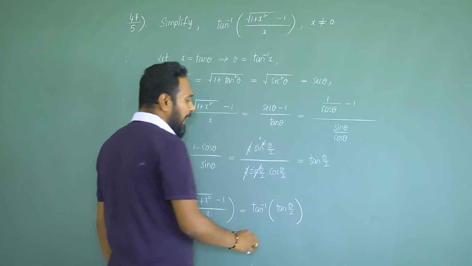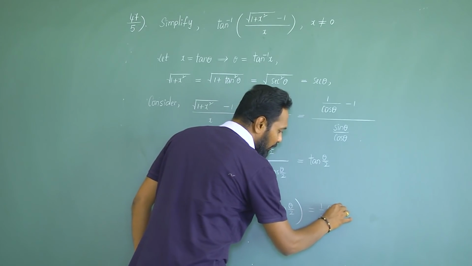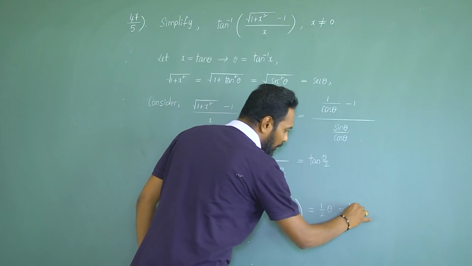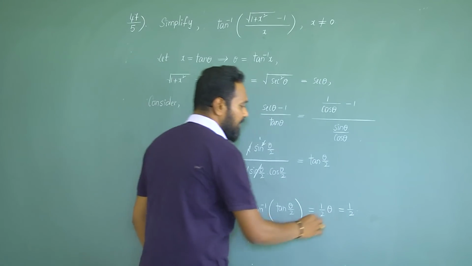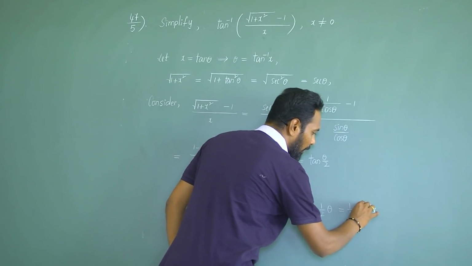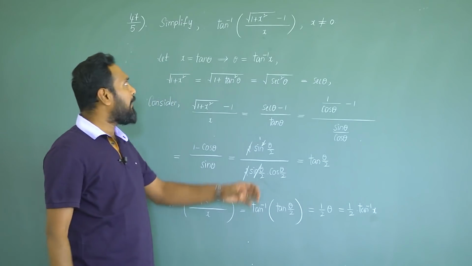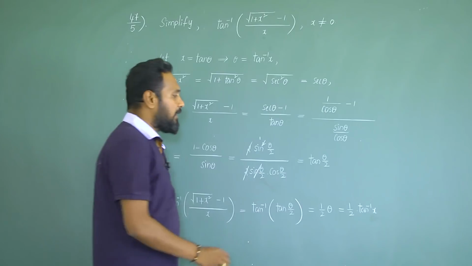Tan inverse of tan x is x. According to that property, you will get half into theta, and theta according to our assumption is tan inverse x. So the simplification of this given problem is half tan inverse x.